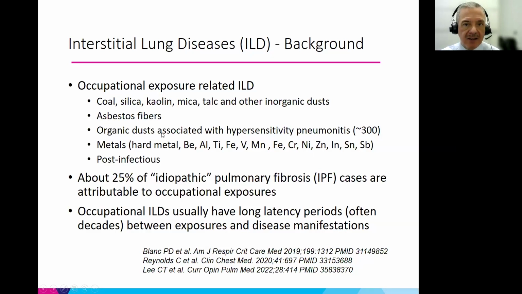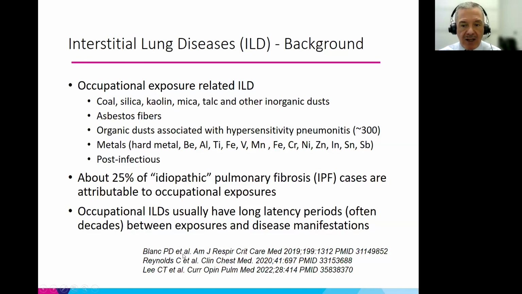Then you have organic dust that are mostly associated with hypersensitivity pneumonitis, and realize that there are more than 300 of those reported in the medical literature. Then you have metals. First and foremost, hard metal is cobalt, tungsten carbide, and then beryllium, aluminum, and a variety of other metals have all been associated with ILD. And just to mention again, many post-infectious processes are occupational in origin. COVID was not an exception to that, just a reminder. And so that gives you the 5 major groups of exposures that you try to discern whenever you are evaluating a patient with an ILD.